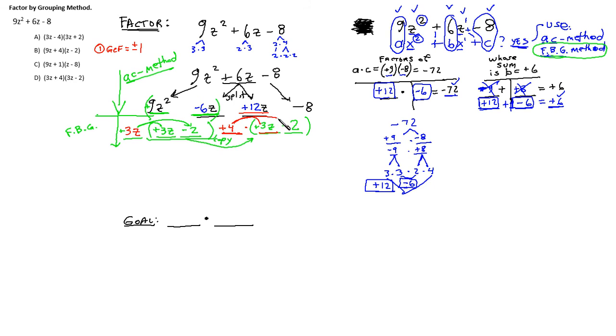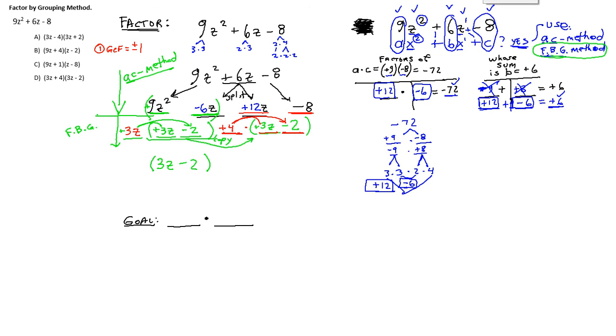Now, the check is, when we distribute positive 4 to this term, do we get negative 8? Yes, we do. Look, positive times negative makes negative. 4 times 2 is 8. Factor by grouping is working. Okay, so what we're finding is that the GCF really of this polynomial is 3z minus 2 because it's a binomial that appears in a form of factoring in each of these two kind of giant terms here.